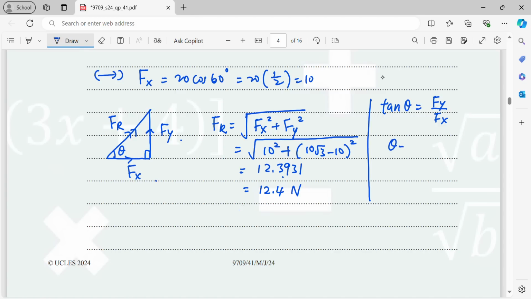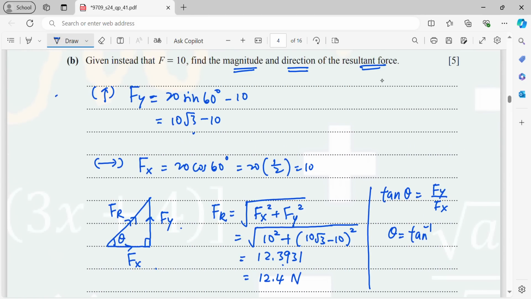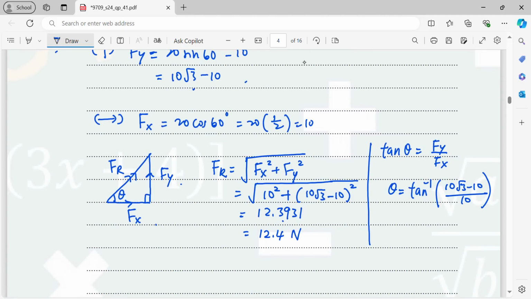Fy is 10 root 3 minus 10, over Fx, which is 10. Then from here you will get 36.2 degrees.